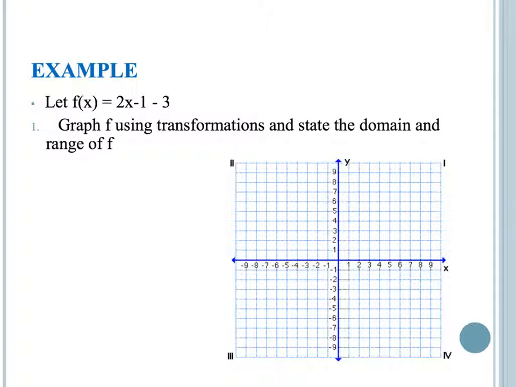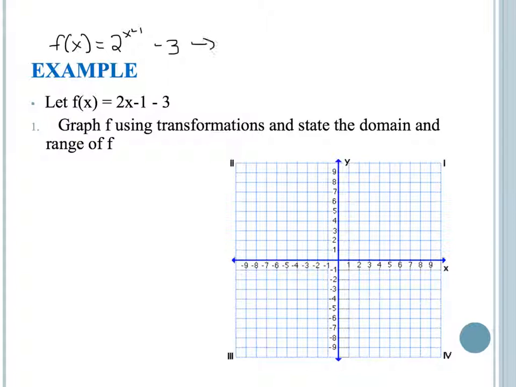Okay, so when I look at f of x here, it looks much nicer on your paper, because it's hard for me to tell if the x minus 1 is in the exponent or not. So looking back, I know that it's 2 to the x, and it is x minus 1, and then minus 3 is over here. So I need to know what transformations are taking place here.